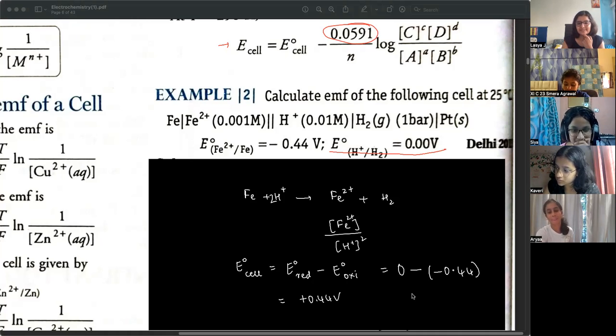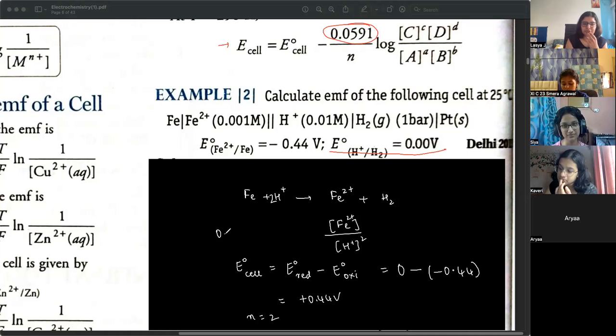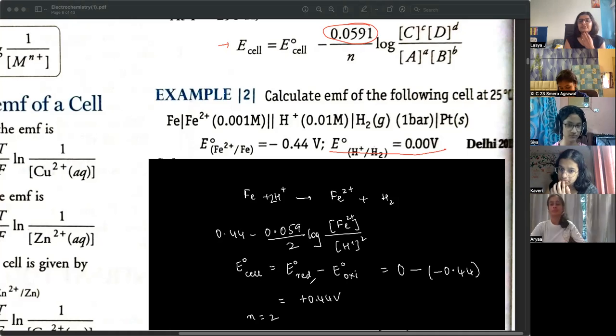Okay, yes. So we got our E0, and n is equal to 2. Then the concentration of product and concentration of reactant we just have to put in. It will be 0.44 minus 0.059 divided by 2 into log of this.